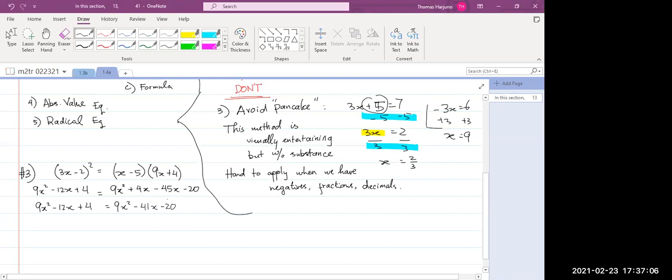Now notice that 9x squared cancels, right? And now it becomes a linear equation. So I will move this negative 41x to the left-hand side, becomes plus 41x. Subtraction becomes addition. And then adding 4 becomes subtracting 4 on the other side.